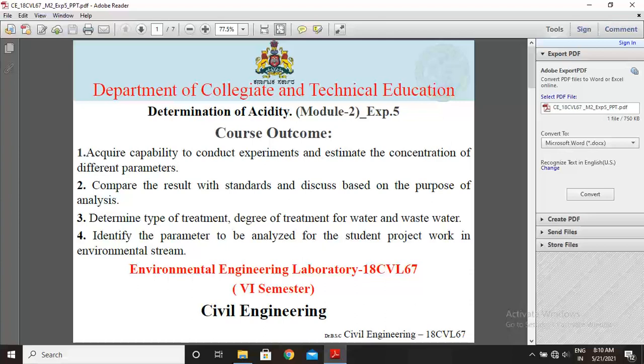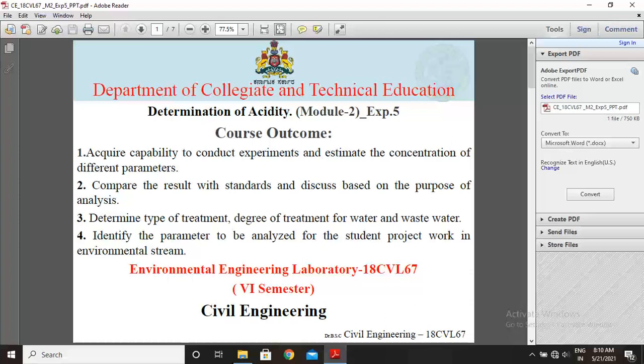Third course outcome is to determine type of treatment, degree of treatment for water and wastewater. Fourth outcome is to identify the parameter to be analyzed for the student project work in environmental stream. So these are the course outcomes decided.